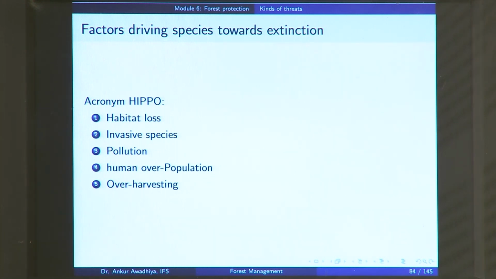But then if there is an over harvesting of timber, if people get into a forest and cut down most of the trees, they get very greedy, they want to extract most of the timber out in one go. If that happens, the forest will cease to exist. So, because of over harvesting, there will be such a huge threat to the forest that the forest is now gone. So, these factors of HIPPO, which are factors that drive species towards extinction, are also the factors that are putting a threat to our forests.